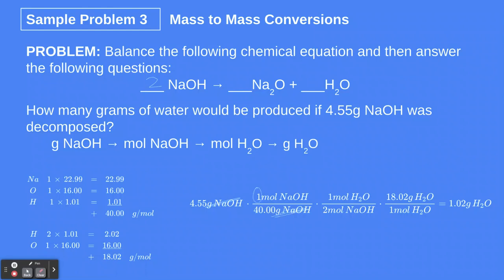Again, please use a 1 there. Then we get out of moles of sodium hydroxide into moles of water, and we get that from our coefficients. There's a 2 in front of sodium hydroxide and a 1 in front of water. We get out of moles of water and into grams of water using our molar mass. And so in our calculator for this one, we would do 4.55 times 18.02 divided by 40 divided by 2.